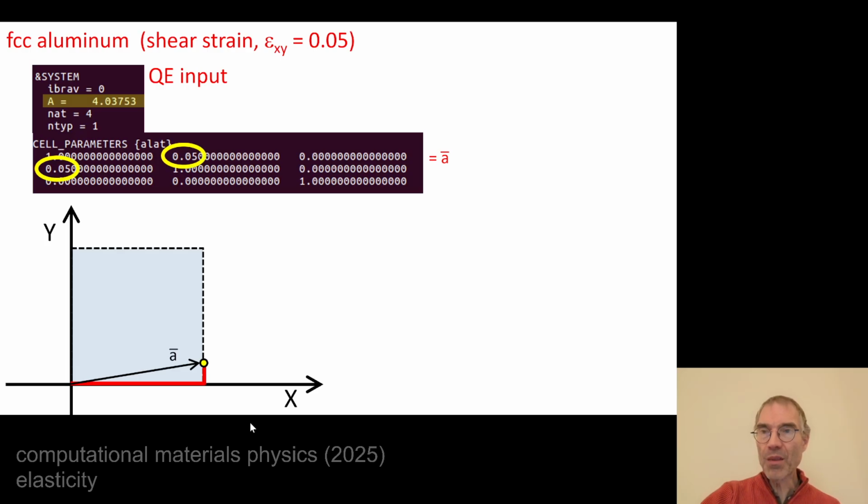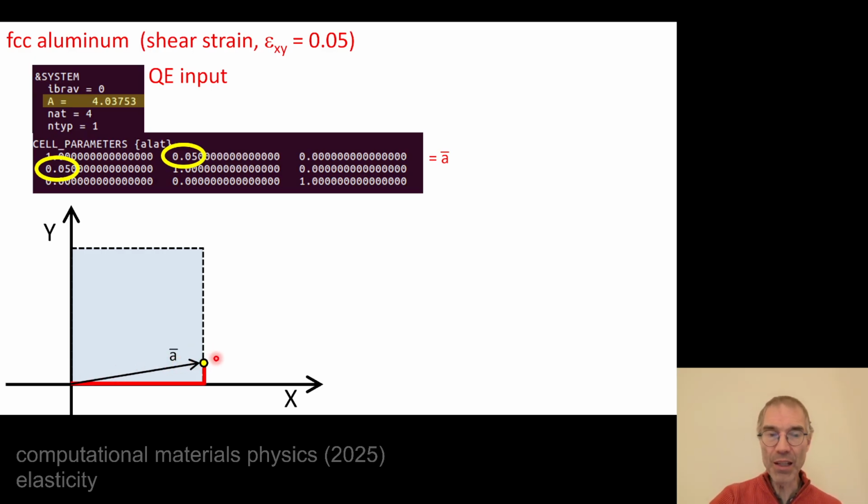Well, I will draw literally what is written here. So this first line, that are the three components of the A lattice vector. And so I go 1 to the right and 0.05 in the y direction and nothing in the z direction.